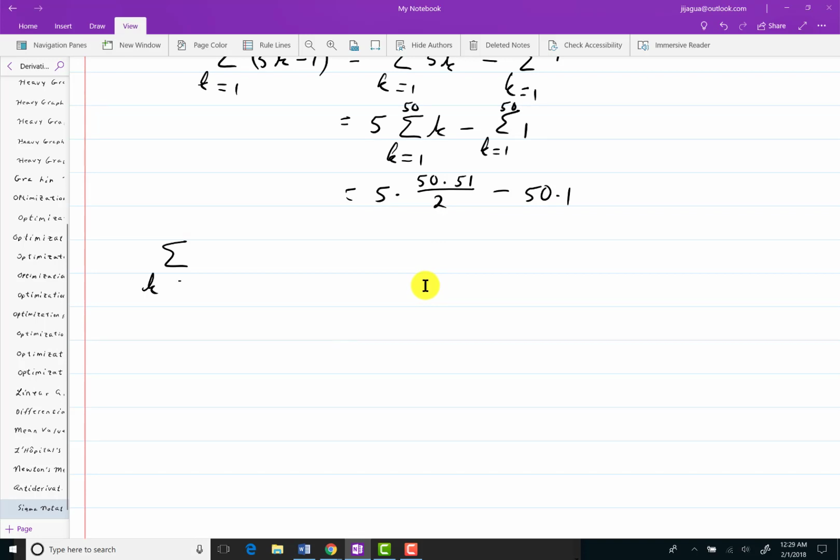Let's do k equals 1 to 75 of 2k squared. And I'll be able to do what I did before. I'll be able to factor this 2 out front. And then I'll be able to use the formula for k squared. That's n times n plus 1 times 2n plus 1 all over 6.